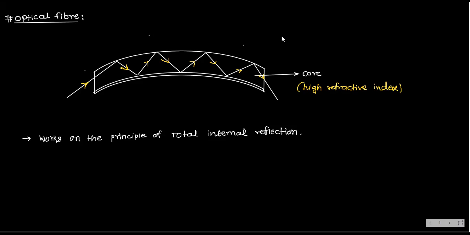Next, this part, which is the outer side one, is called the cladding, and it has a low refractive index.